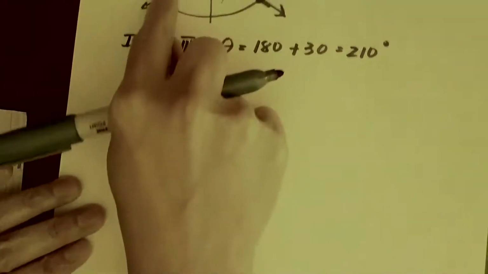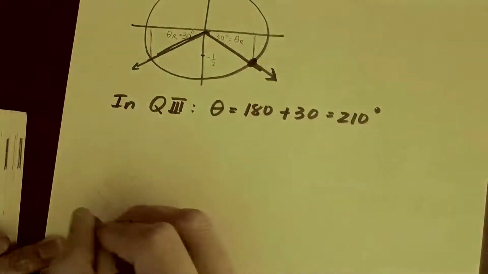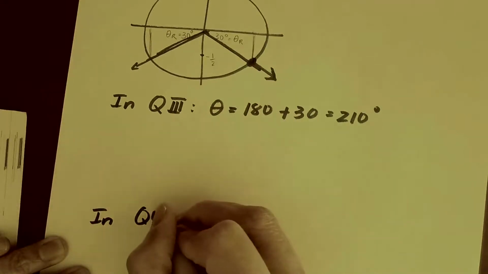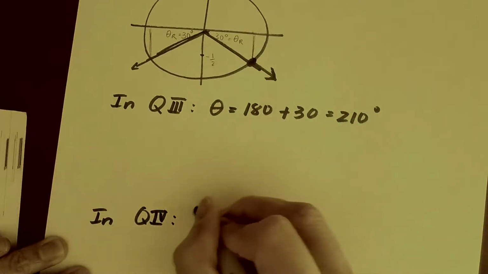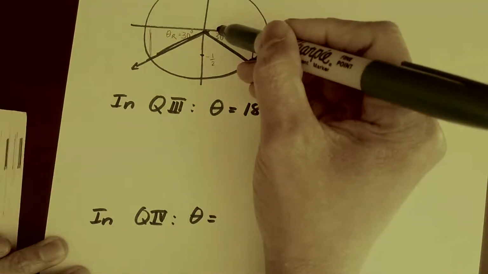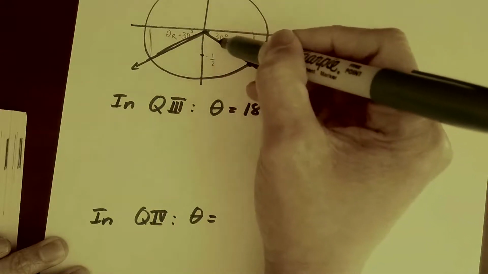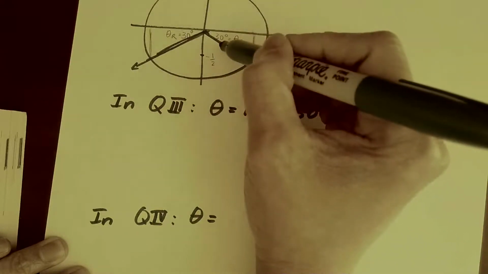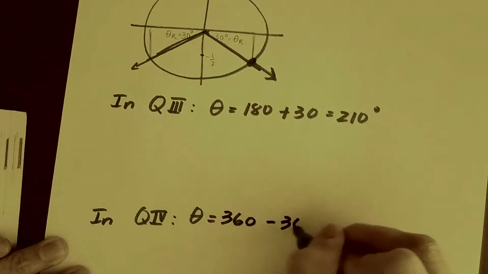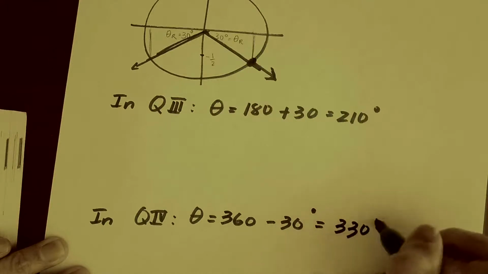Now, I have another one over here in quadrant number 4. So in quadrant 4, theta is going to be, if I go from standard position, from the initial arm to the terminal arm here, 360 minus 30 degrees, which is 330 degrees.